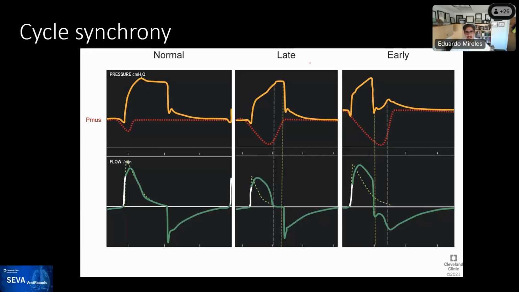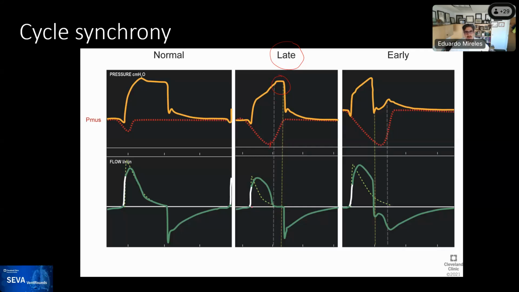So in the example that you have here that we're calling late, you can see that the effort from the patient has finished, and actually the flow is flat here, meaning that there is no flow occurring. All the inspiratory effort has occurred, and in retrospect, you can see that there is an increase in the pressure, and then eventually the valve opens up, so it's cycled by time.